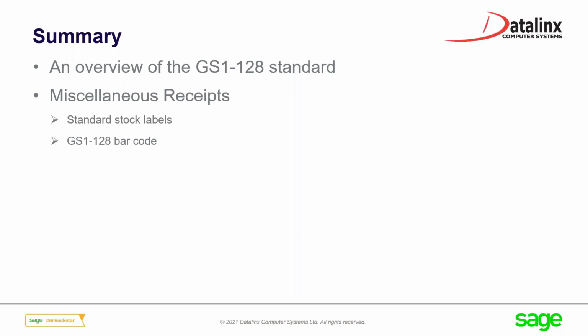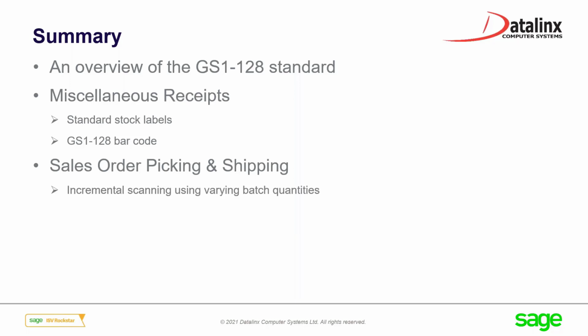The second demonstration was all about sales order picking using GS1 codes, and of course how we can use a GS1 code with an encoded quantity to do a sales order pick across a number of batches with varying quantities.